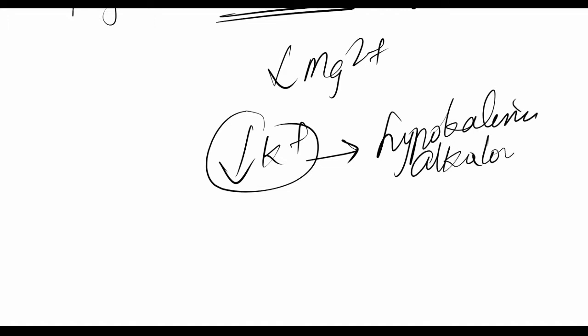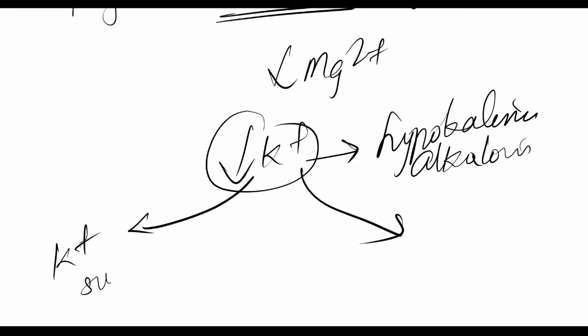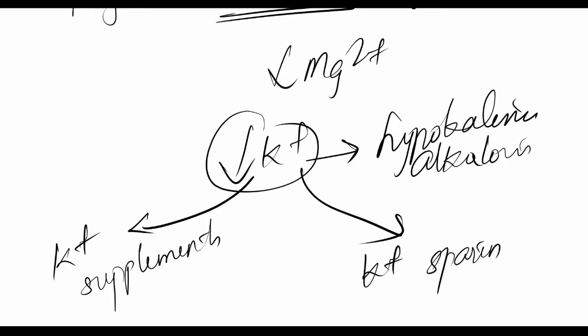Now this can be treated by two methods. One would be to give potassium supplements orally, or you could use potassium sparing diuretics, which I will cover in the upcoming lessons, to prevent or minimize the loss of potassium along with loop diuretics.